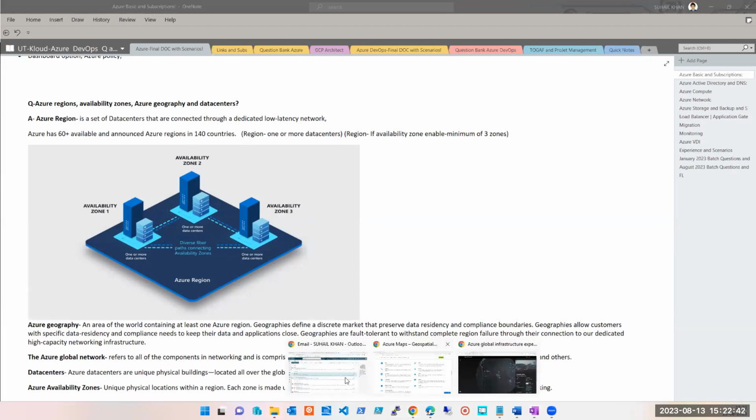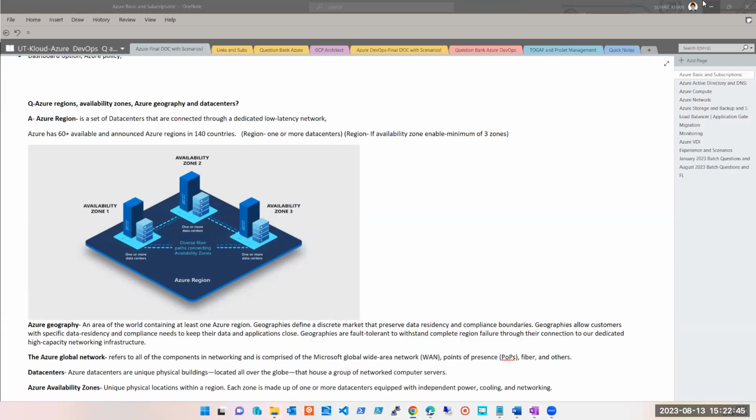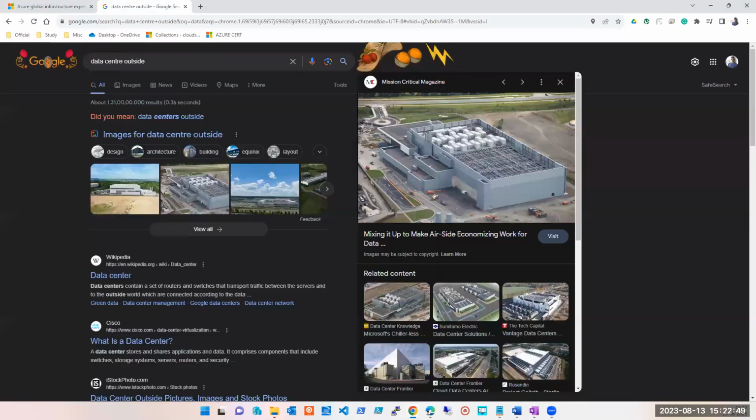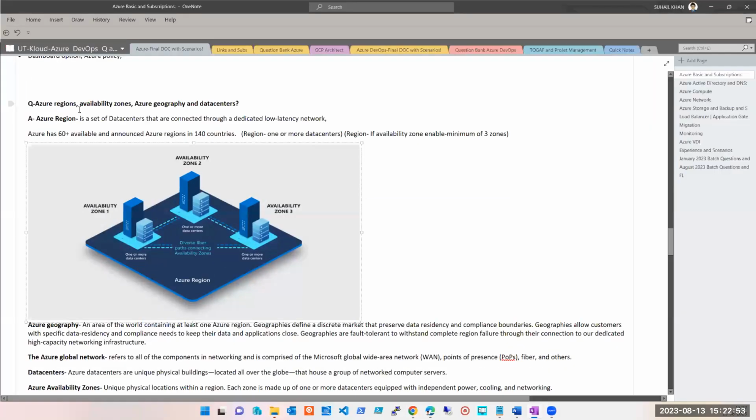This is also a set of data centers. Let me open this. This is a complete data center and we are calling it a set of data centers. So a region is a set of data centers, or a data center, connected through a dedicated low latency network.